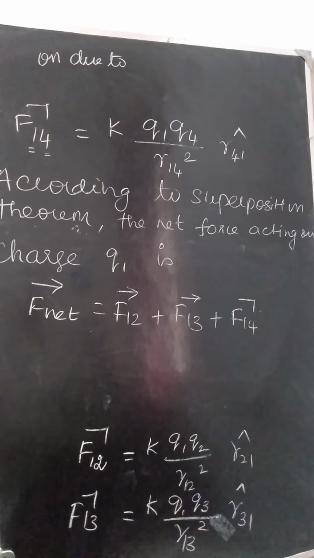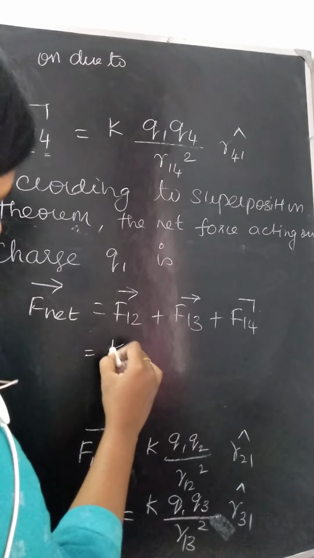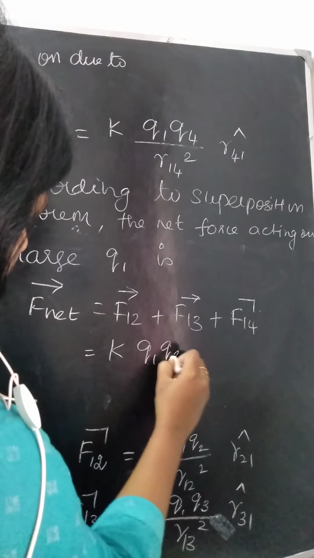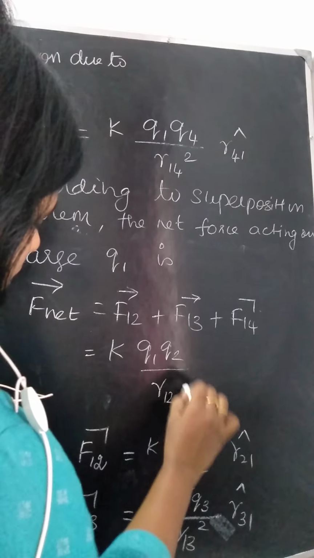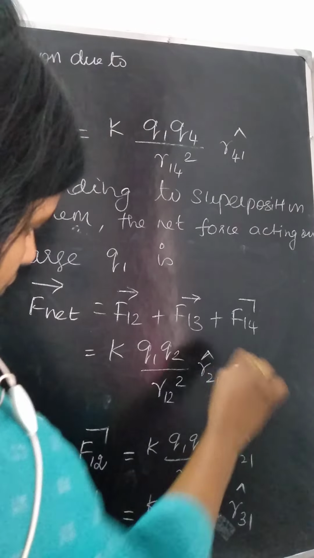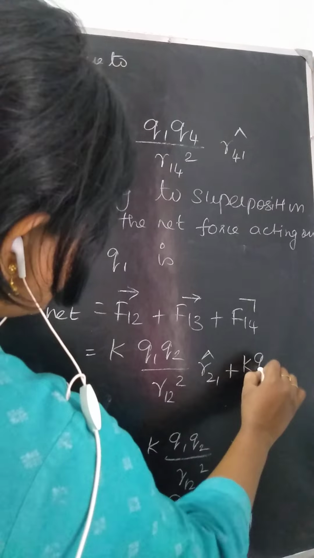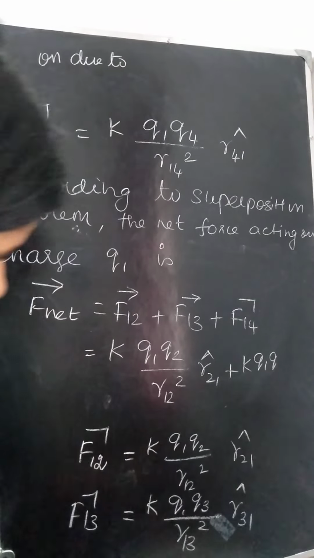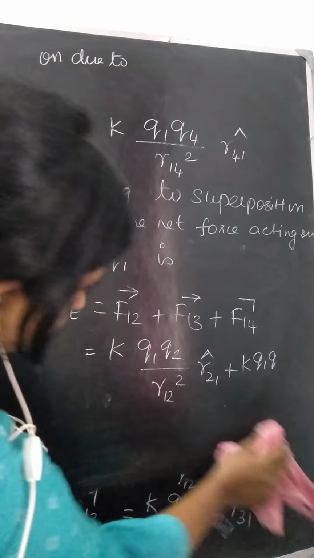Substituted? So what is the value you are getting? First value is K Q1 Q2 divided by R. Q3, right? Q1, Q3.